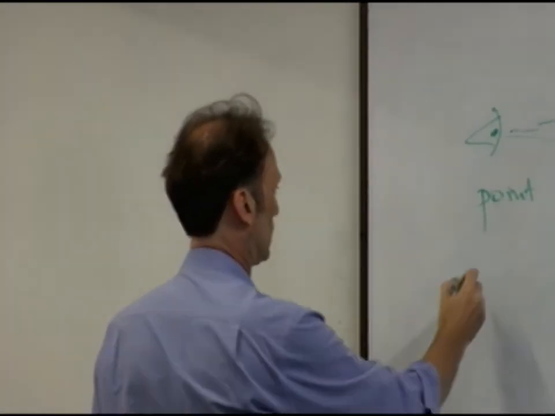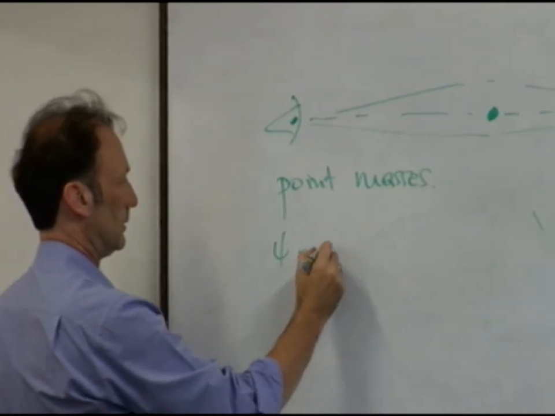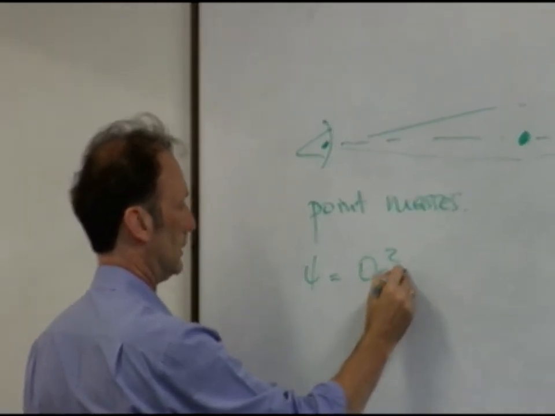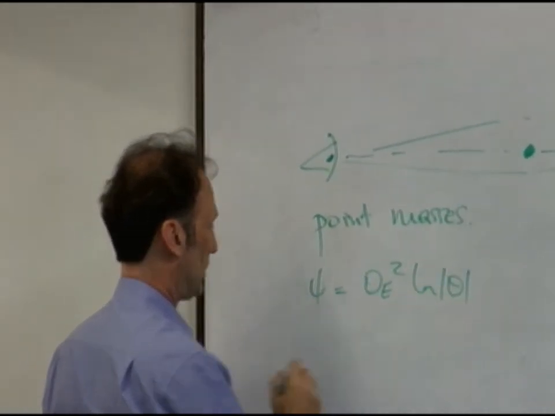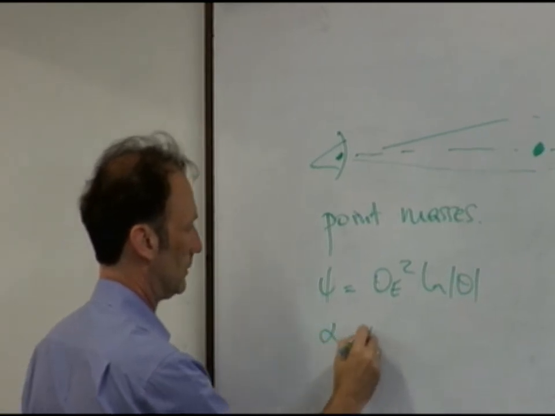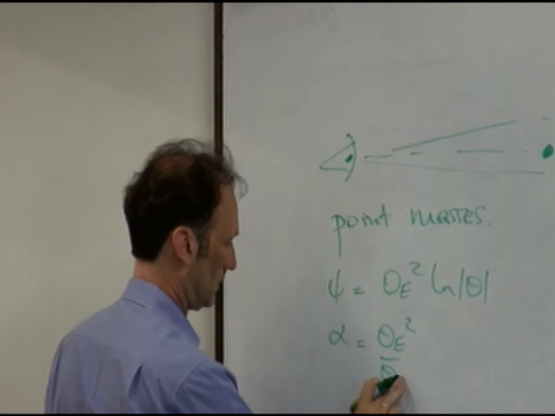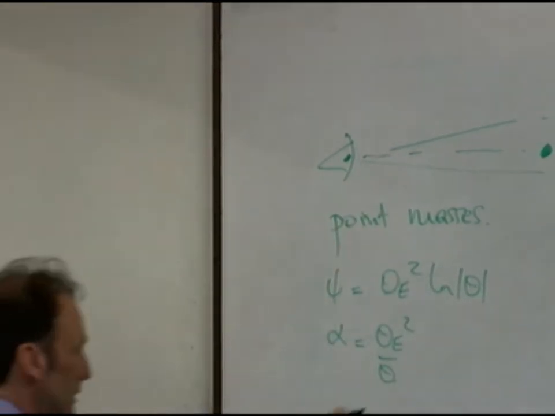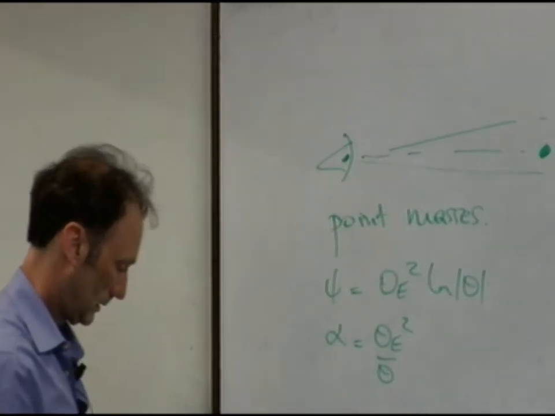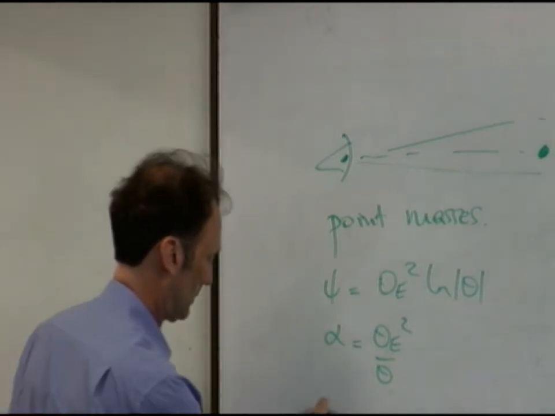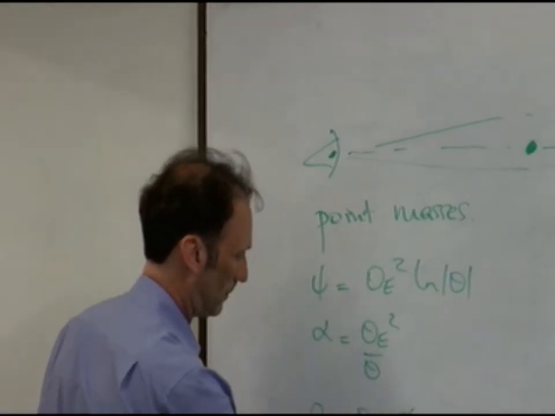And so we've seen this before. Lensing potential is logarithmic, so the bending angle goes like 1 over theta. And so the lens equation becomes very simple.